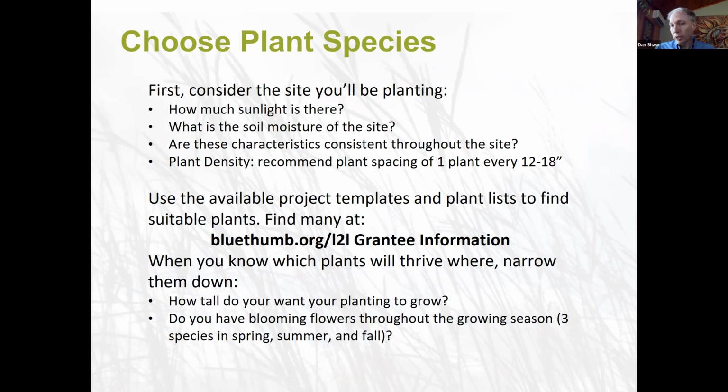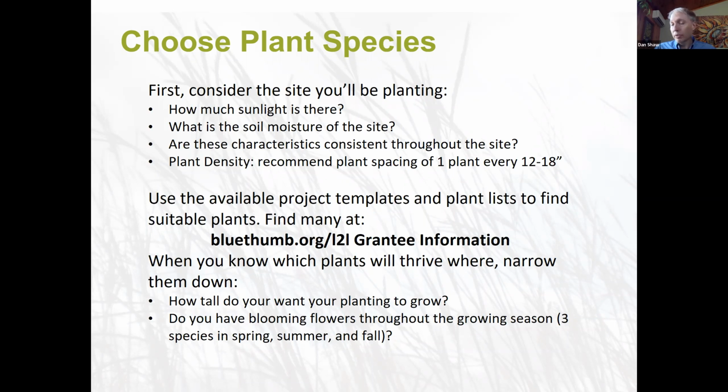Also thinking about the characteristics across your site, you might have some areas that are lower and just stay wetter, and that might be an area where you need species that can handle those conditions. Also thinking about the density of your planting that you'll be installing. Quite often we recommend spacing plants about 12 to 18 inches apart for planting.